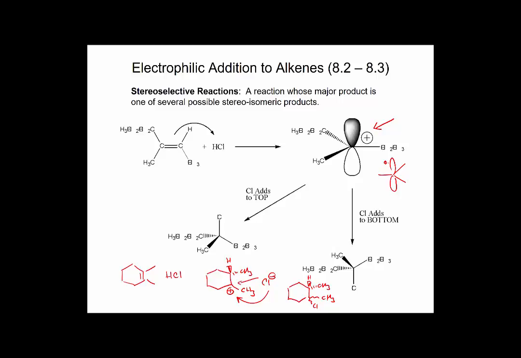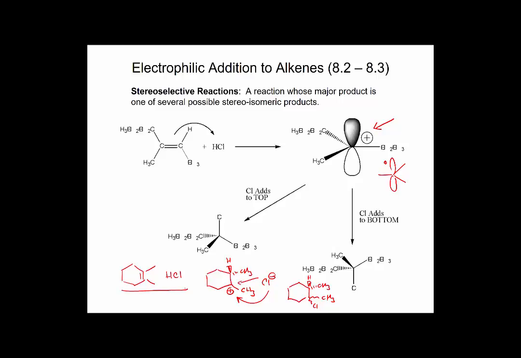So there are some big things we want to think about in terms of rules. The other rule when it comes to regioselectivity is that if one of the two reagents is symmetrical, you won't end up with regioselectivity.